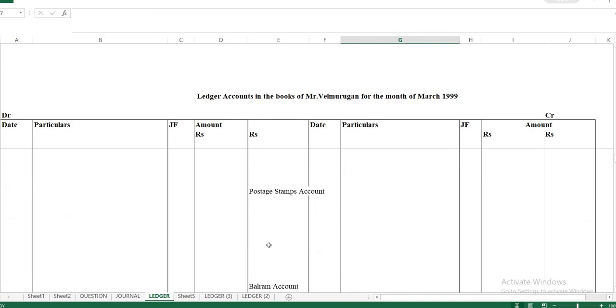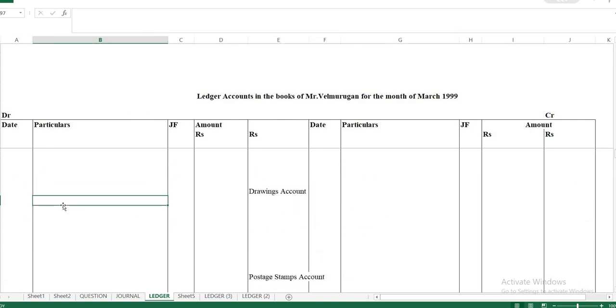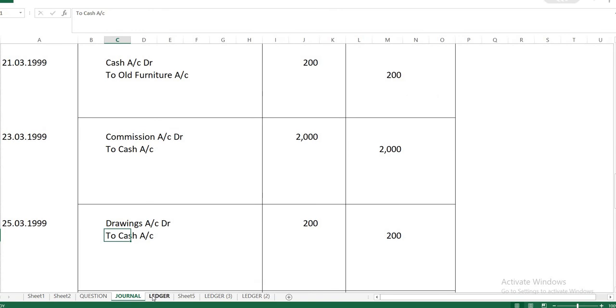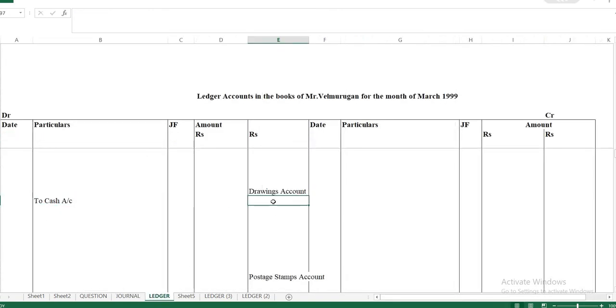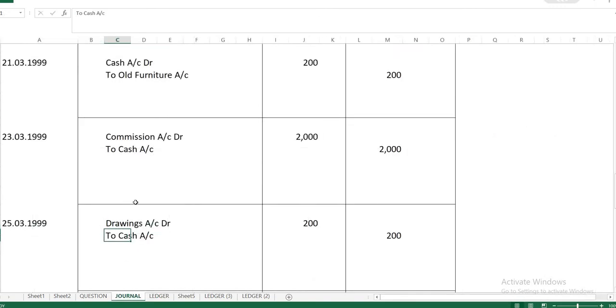Okay, in the drawings account, to cash account, that amount has to be given. That amount is 200 rupees on 25th of March. And in the cash account, while recording, you will show by drawings account on the credit side.